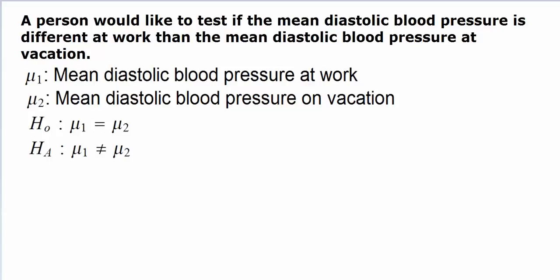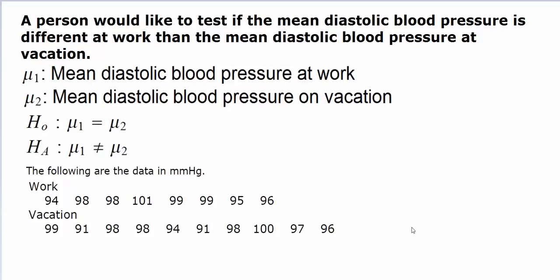First the person has to collect data. Now this is not a matched pair, because the person will take the blood pressure at randomly selected times at work, and then also at randomly selected times during the vacation.